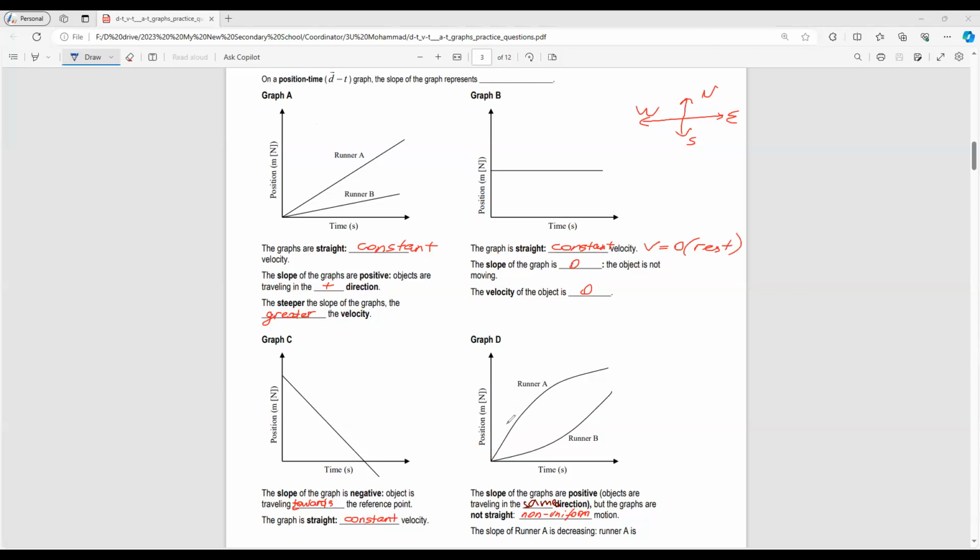You can imagine: slope like this, slope like this. So the slope gets smaller, so the object is slowing down. Acceleration is negative. And here the slope is bigger, so acceleration is positive. So runner A is slowing down.